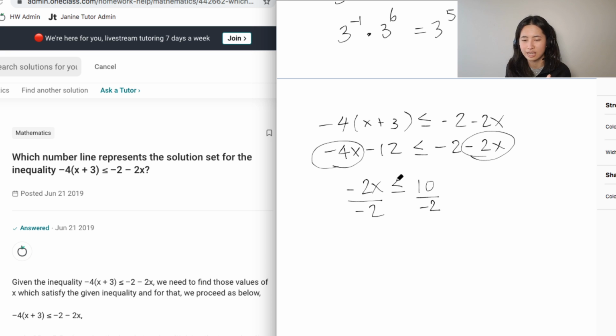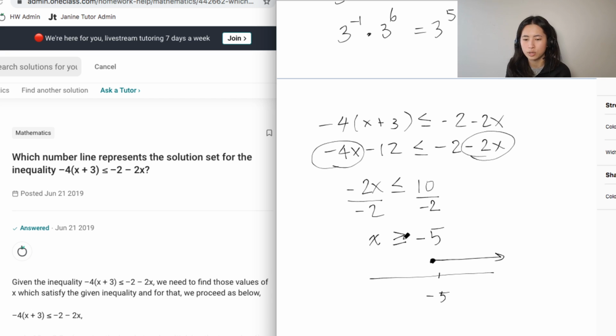So if this was less than or equal to, now this becomes x greater than or equal to, and this becomes negative 5. And the reason why we had to flip this is because this was negative 2. You're dividing both sides by negative 2. So that's why this is going to be negative 5, and it says it's included. So we shade that over here, right?